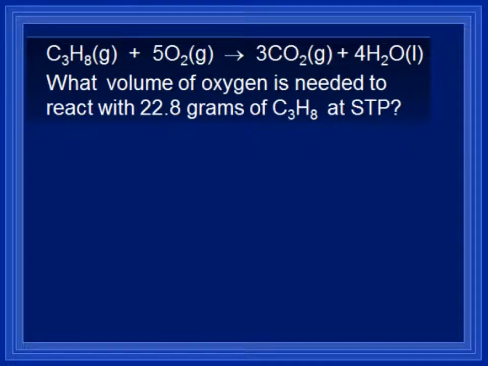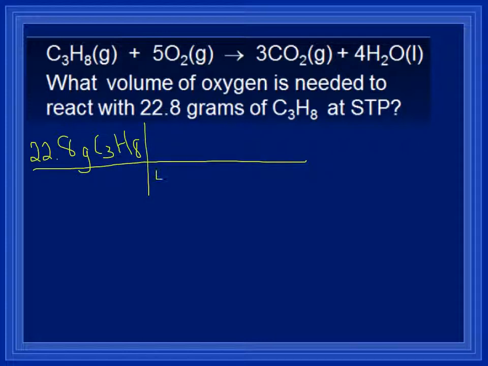Using the same equation, what volume of oxygen is needed to react with 22.8 grams of C3H8 at STP? Now, I wouldn't have to always use C3H8. It's just the two problems I happen to pick. So we're going to start off with 22.8 grams of C3H8. Anytime I'm doing stoichiometry and I have grams, the first thing I want to do is convert to moles.